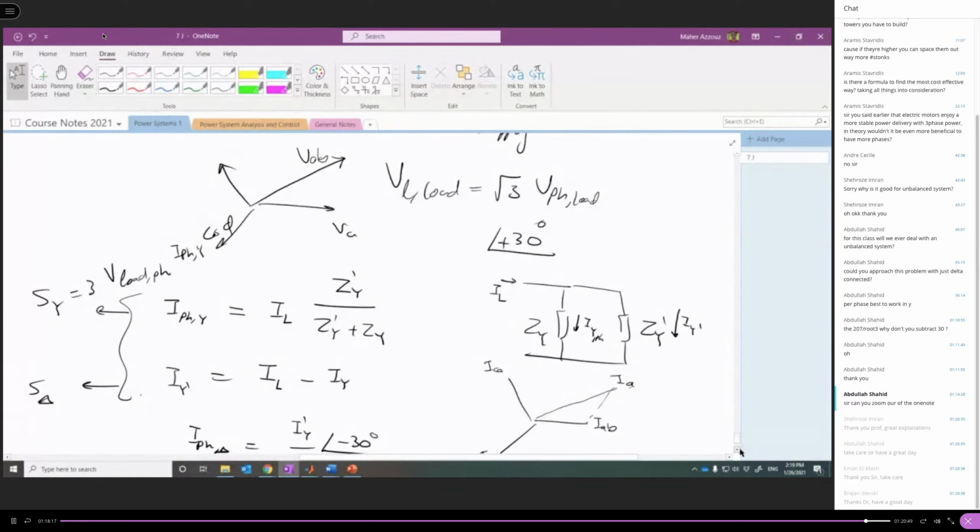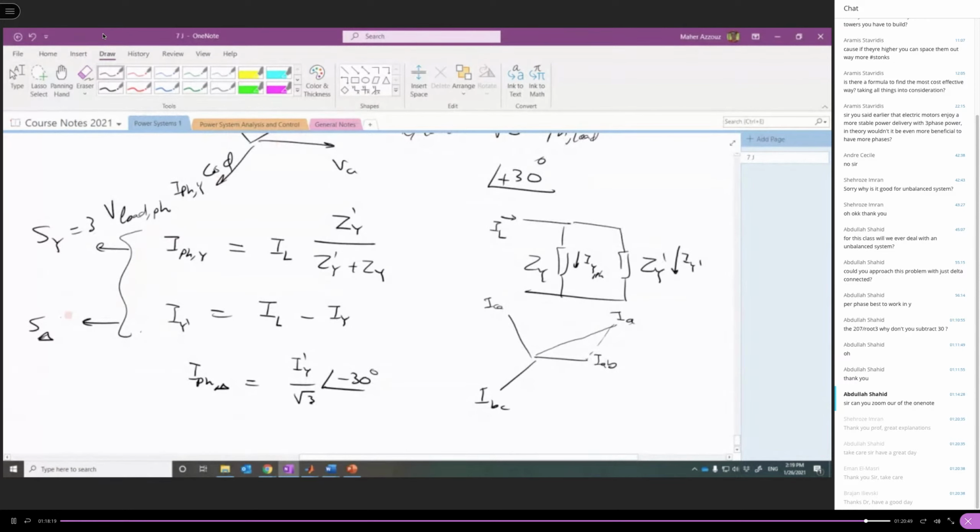And here, this is the same thing, 3 V load phase times I star dash cosine the angle difference. Okay, so I gave you all the numbers.